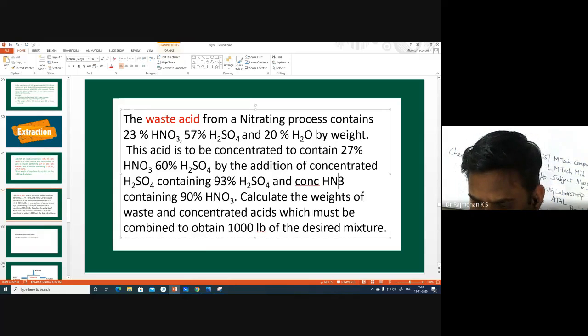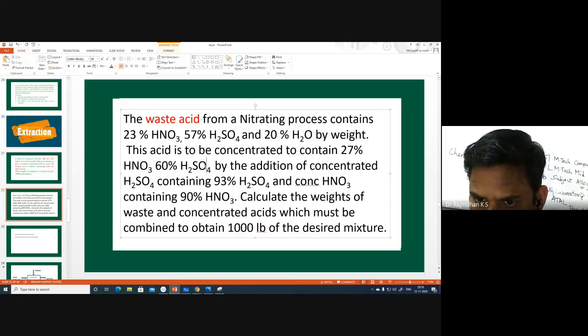Okay, we are going to mix concentrated H2SO4, whose concentration is 93%. We are going to add concentrated nitric acid, which is 90% concentration. So we have three inputs here. What are the three inputs? Waste acid, which contains both the acids.